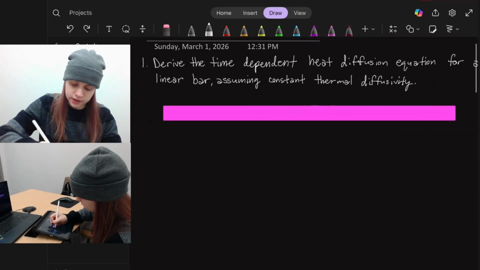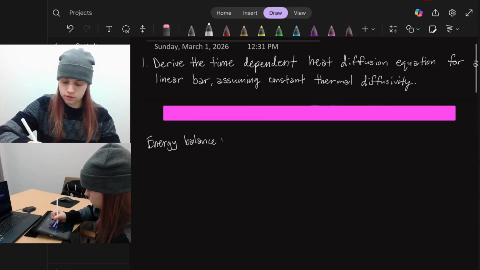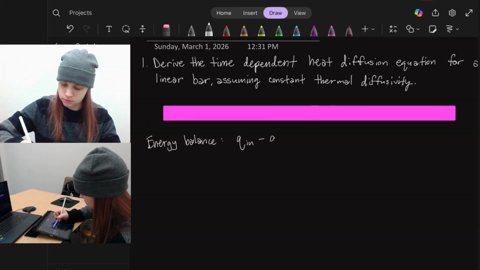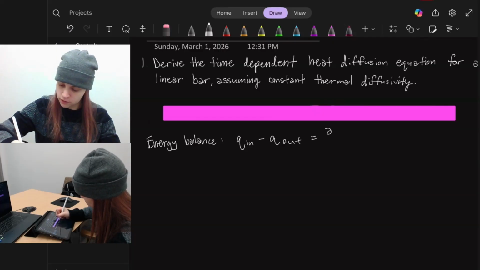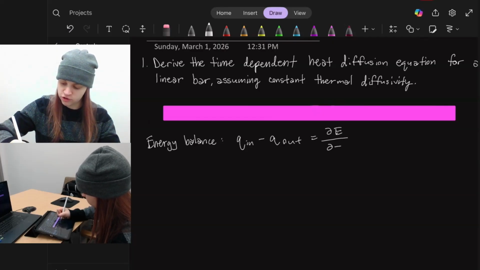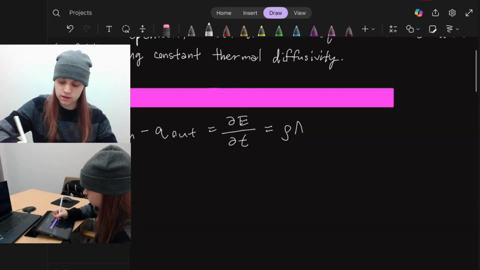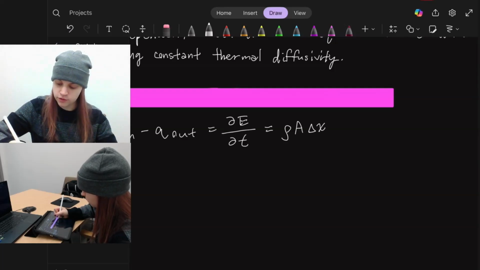Our energy balance is going to look something like this. The change in energy over the change in time. We can also say that this is equal to the density times the area times the delta x.